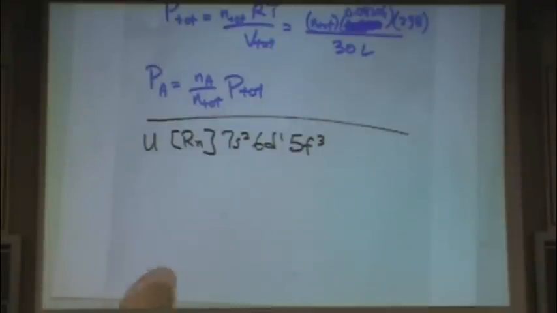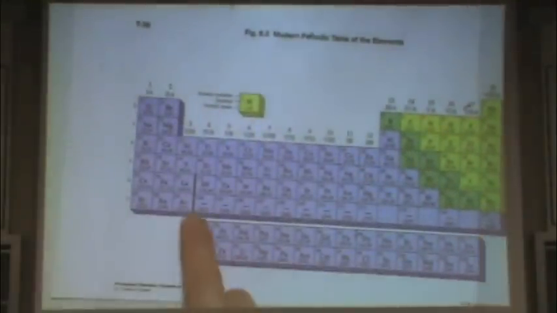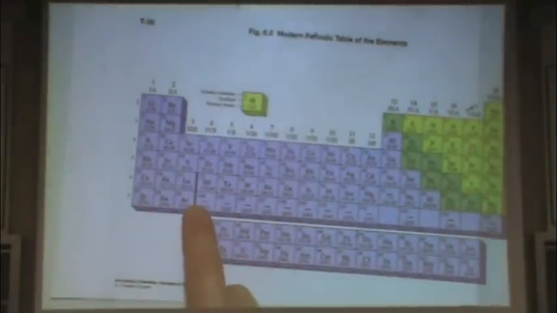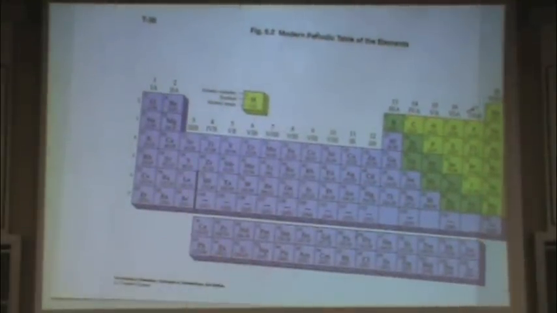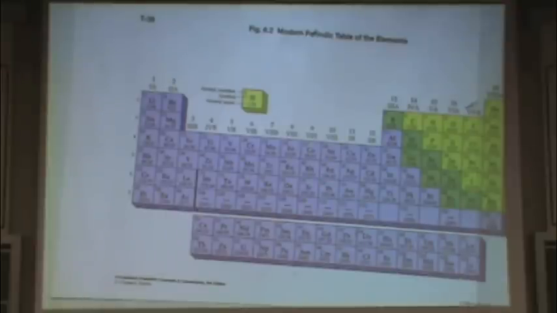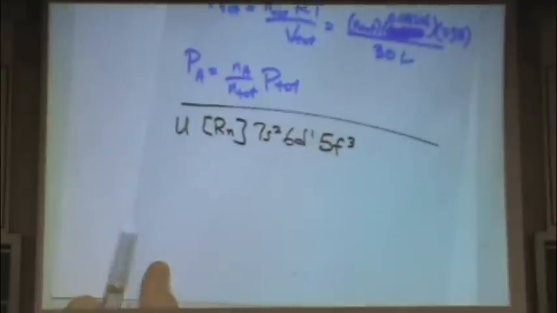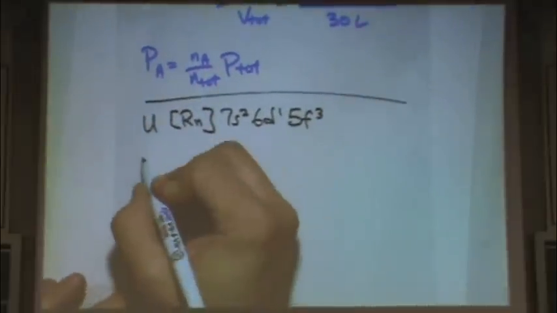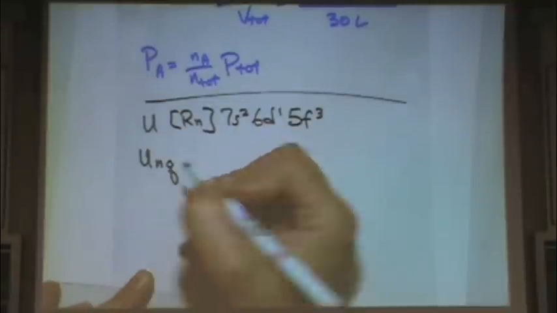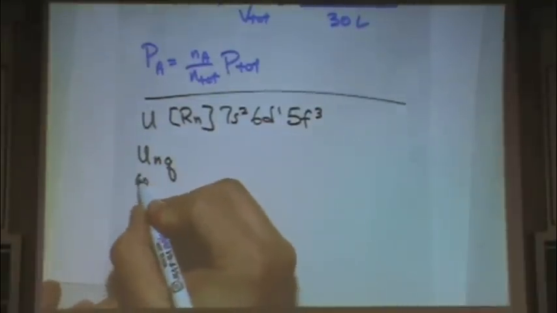Now just to point out something, because sometimes people get confused. Let's say we were doing element 104. Its systematic name would be unnilquadium, UNQ, number 104.